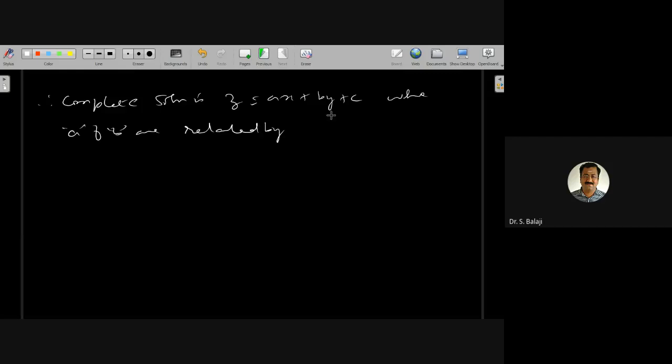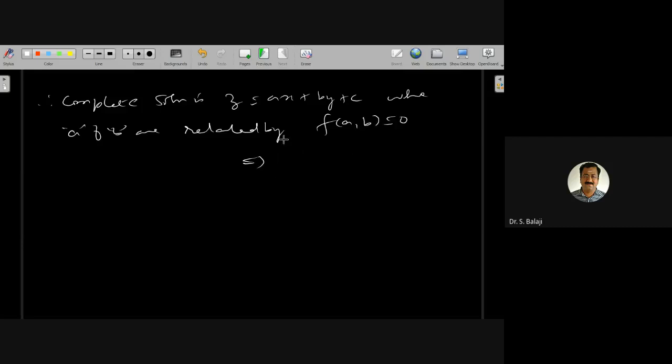Therefore, the complete solution you can always write as z equal to ax plus by plus c, where a and b are related by f of a comma b equal to 0.